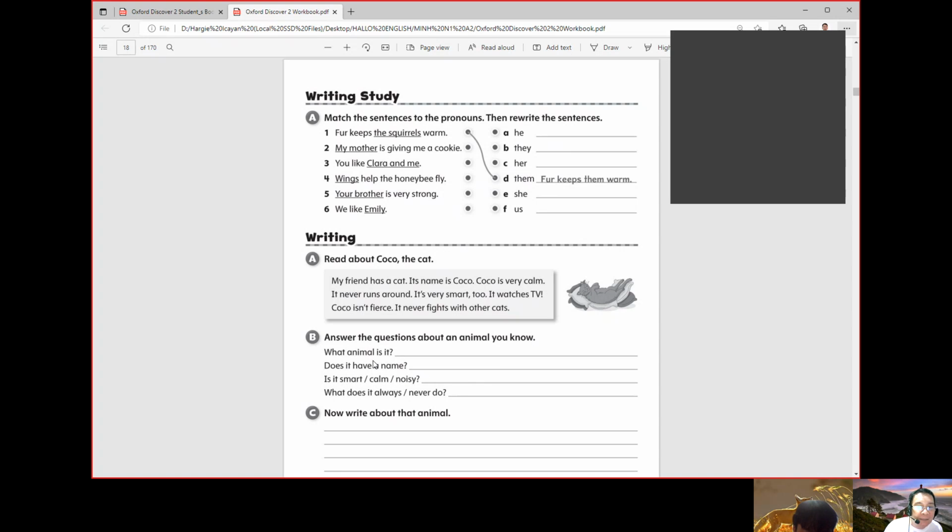Now, let's answer the questions about an animal you know. What animal is it? If it is more than one, animals. If it is only one, animal. So what do you think would be an animal that you know, Min? Aside from what we discussed, what other animal do you know? Dog. Okay, a duck.